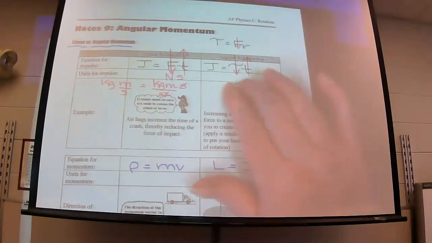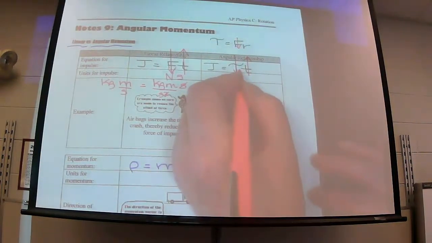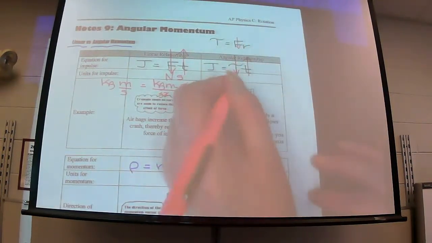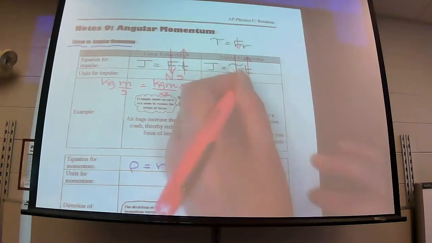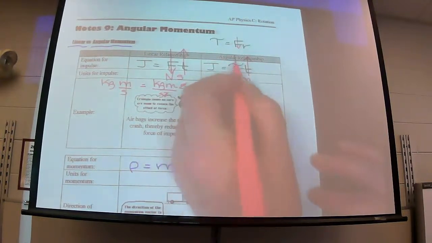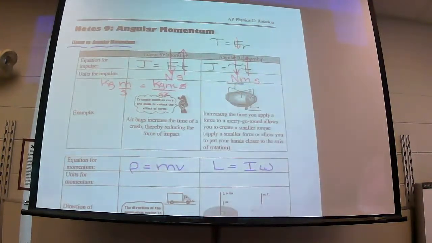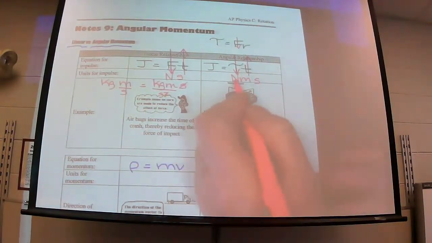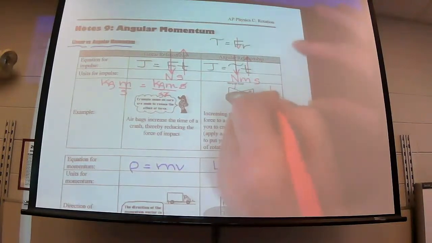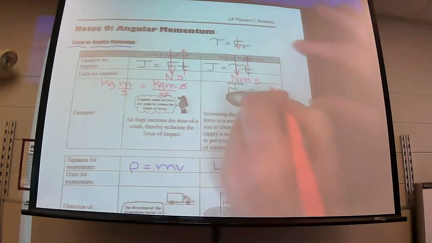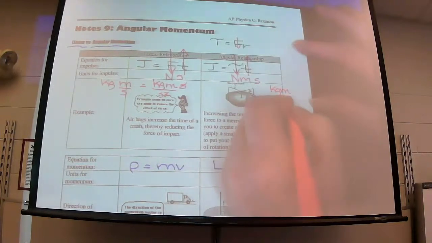What about on this side? A torque is an F r. That's going to be a newton meter. And then I have this second. I'm going to break the newton down into a kilogram meter per second squared.